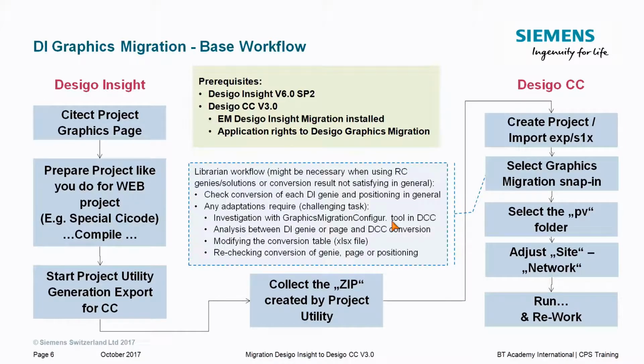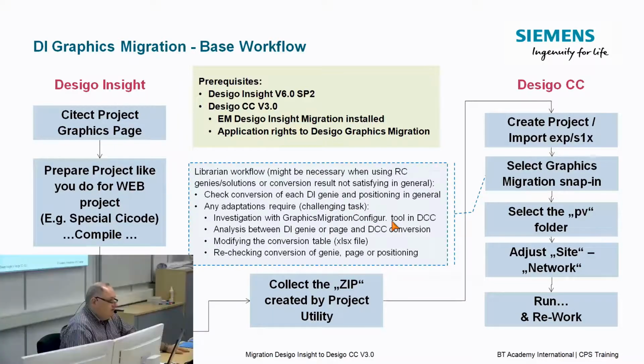We are using the function, for example, fan 1 step or fan 2 step or 2 stage. And we are also using the information of the style in which the graphics were created in Desigo Insight, like 2D DIN, 2D plus, or 2D gray or 3D. This is the information which is in the conversion table.